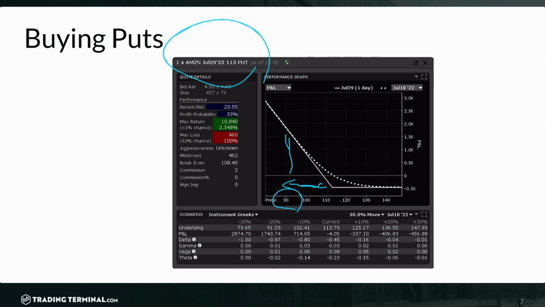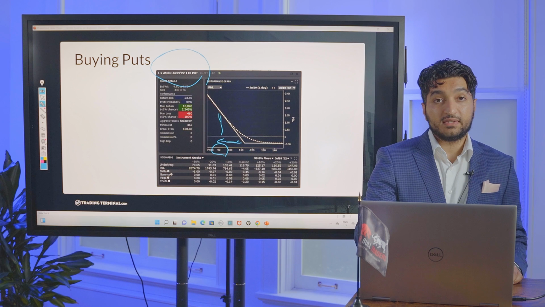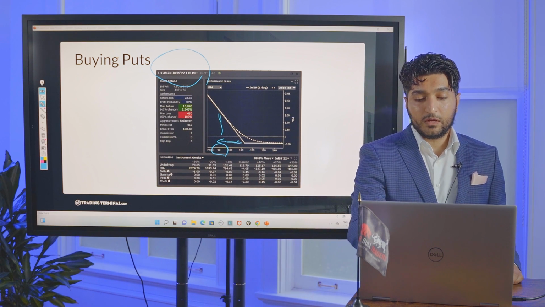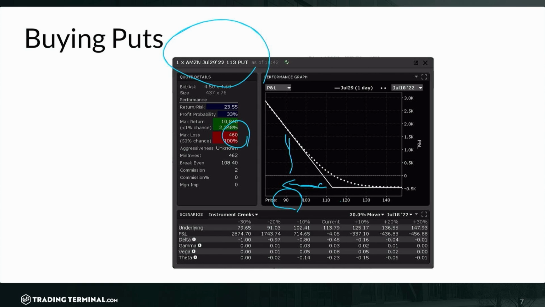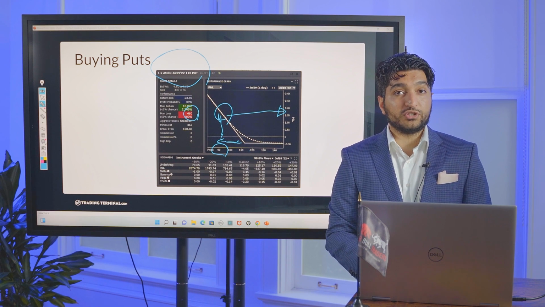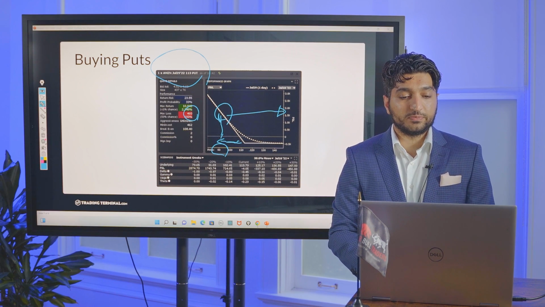Again, if you're right about the direction and Amazon actually goes to 90, your investment of $460 can yield you almost $2,000 in profit. Again, proving my point from the previous class that options are extremely capital efficient.